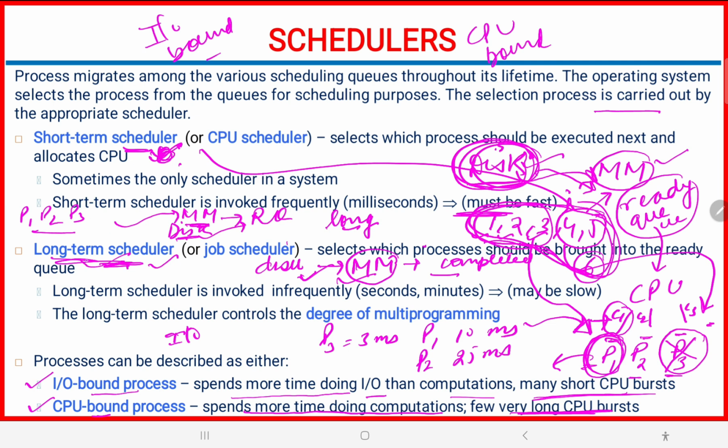Now let's suppose the long-term scheduler has shifted processes P1, P2 and P3 onto the ready queue, and let's assume that all these 3 processes are CPU bound processes. This means they will be spending the maximum of their time with the CPU.